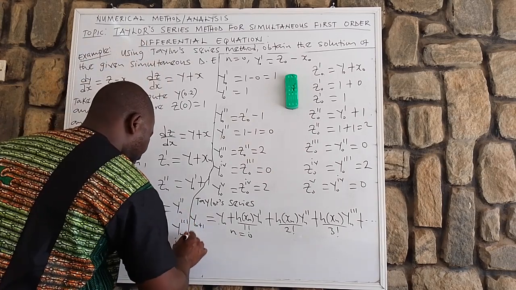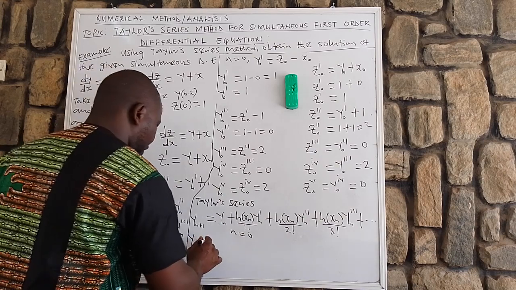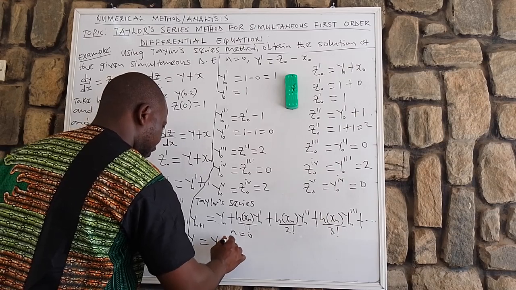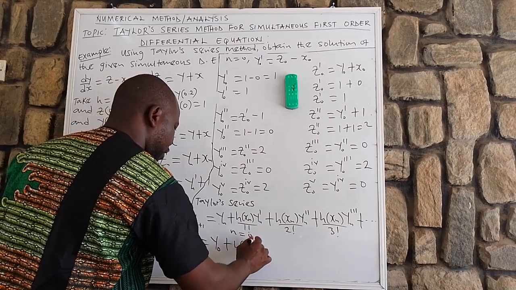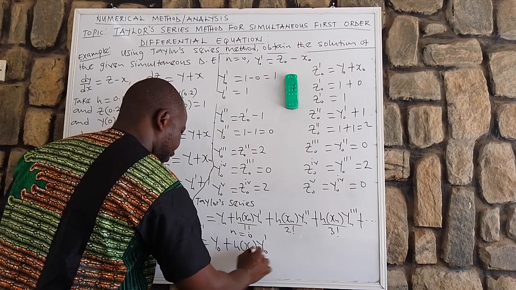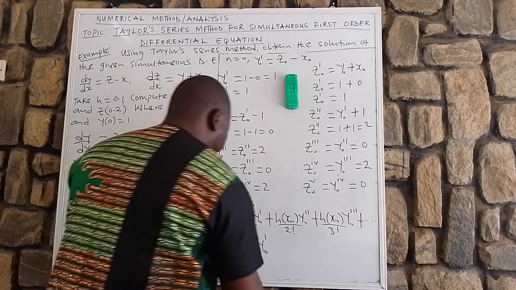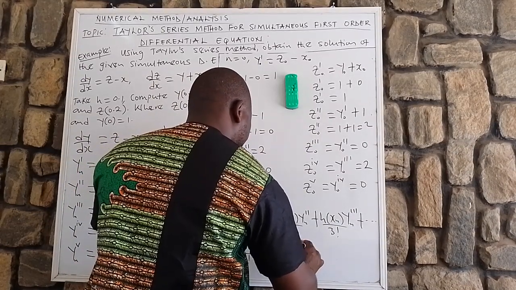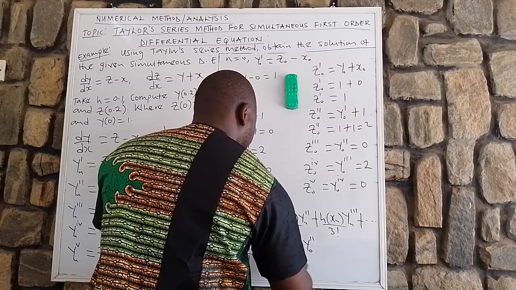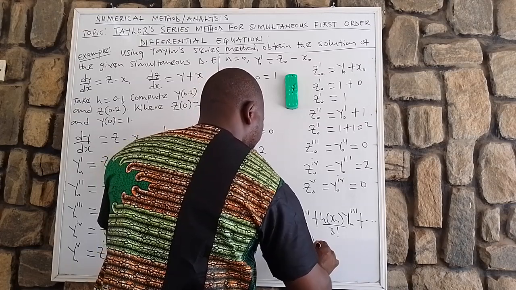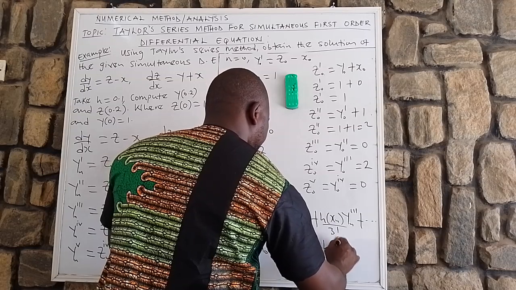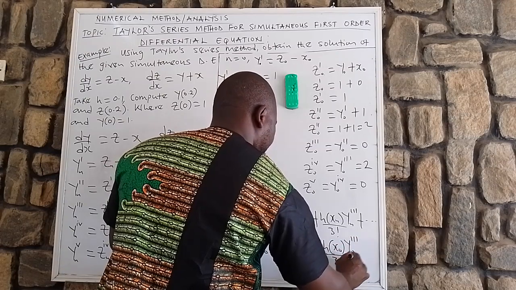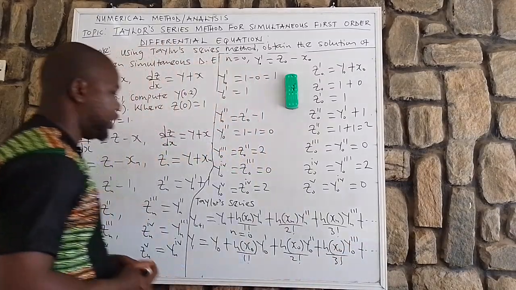So our y1 is now equal to, when you substitute in 0, we are going to have y naught here plus h x naught times y prime naught all over 1 factorial, plus h x naught y prime prime naught all over 2 factorial plus h x naught y prime prime prime naught all over 3 factorial plus and so on. Do you agree with me?